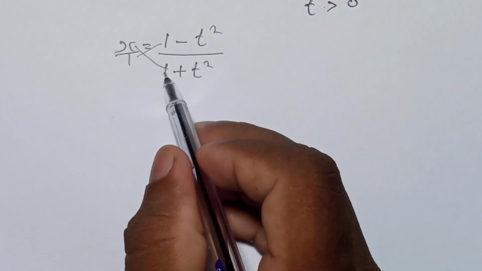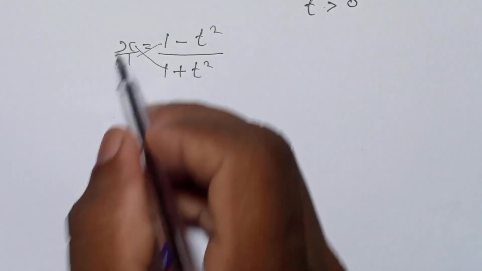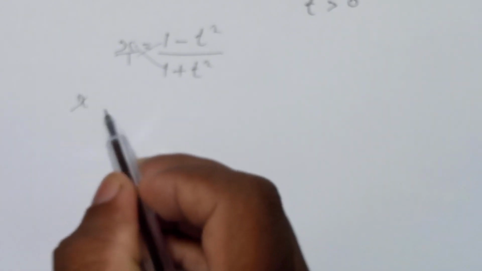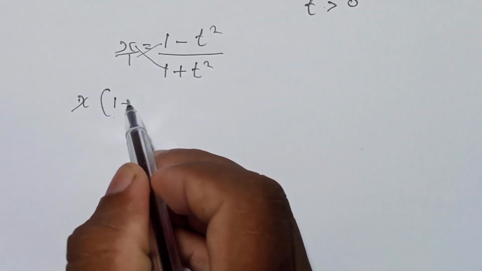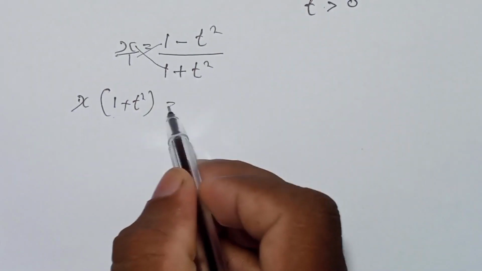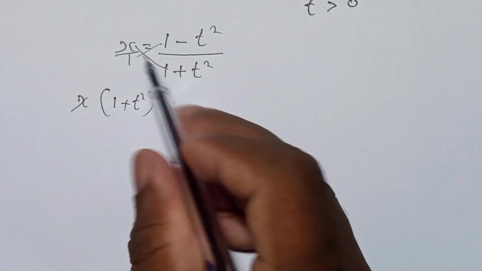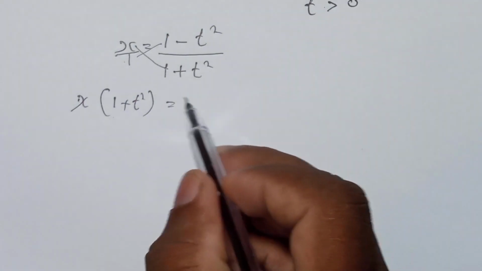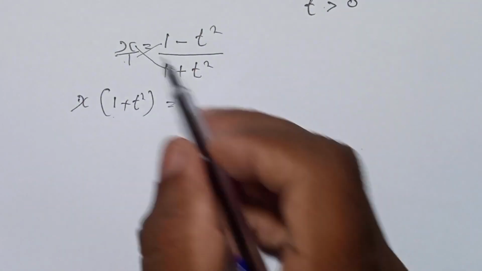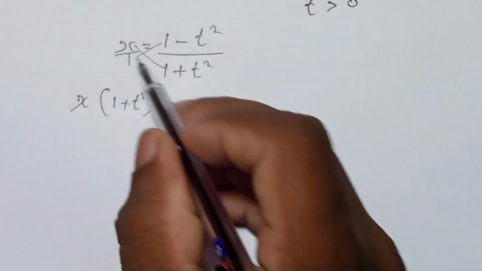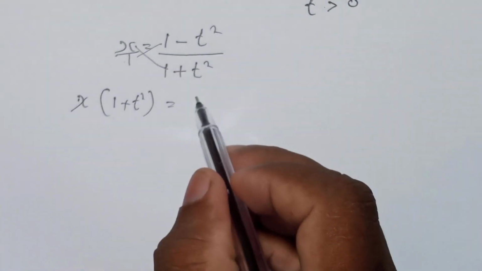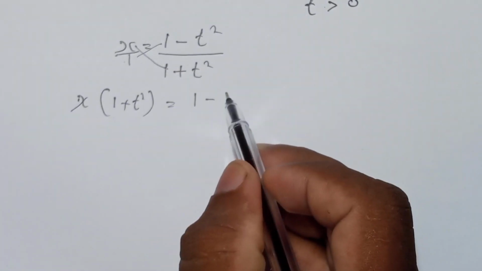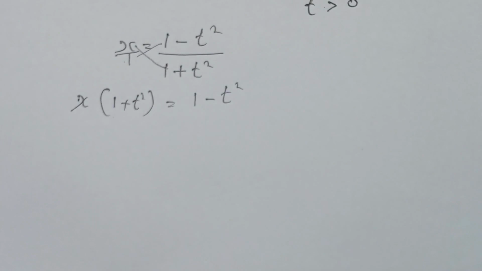So 1 plus t square into x, so I can write it like this, x into 1 plus t square, right? You know this cross multiplication, then 1 into 1 minus t square. When we multiply by 1 you don't need to write it, because when you multiply by 1 nothing happens, the same thing will come. So 1 minus t square.